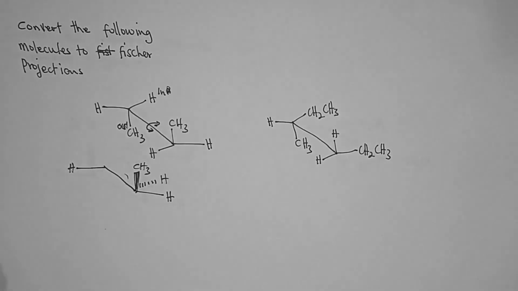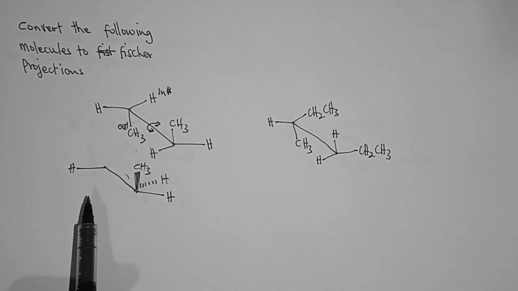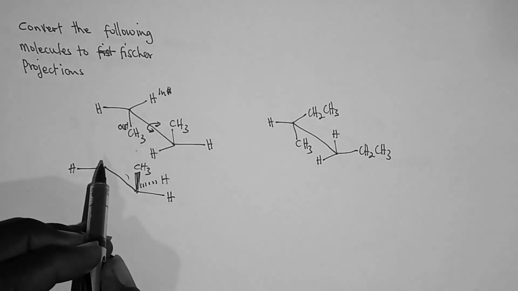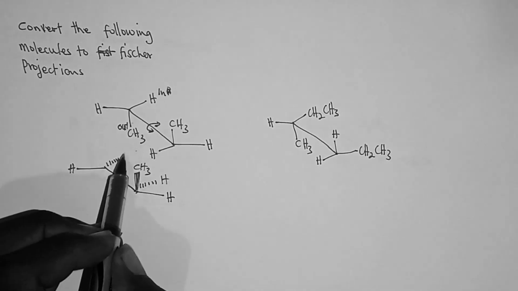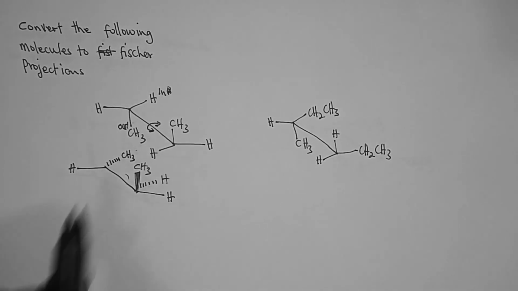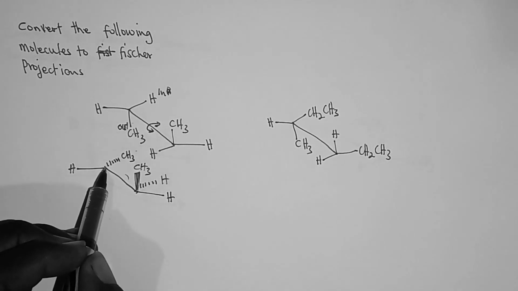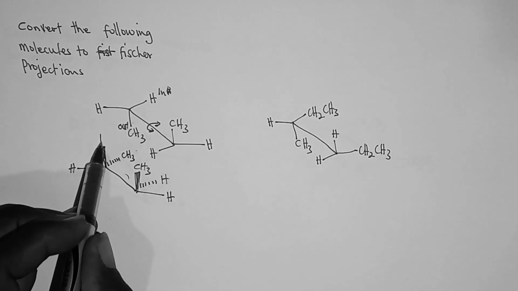And this proton is here. This CH3 is coming out of the page. After the rotation, it will go into the page. The CH3 is now on a dash bond. And this proton is going to the page. After rotation, it will come out of the page. And therefore, we need to put that on a wedge bond. So there is a proton here.